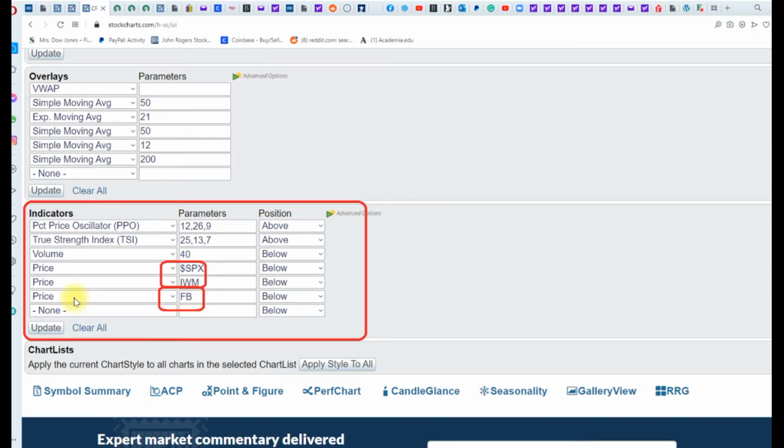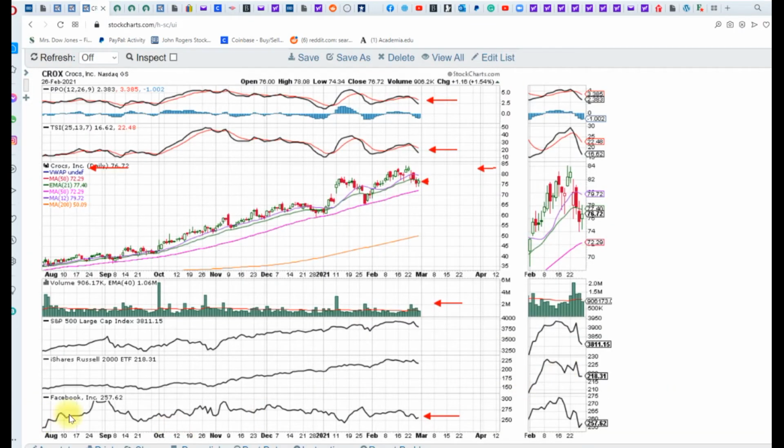So you press price on it, and whatever is coming here, you erase it and you put FB, Facebook, and now we can track how Facebook is tracking. There it is, right down here, how Facebook is tracking this stock, how you can compare against it. You know, we know that the S&P 500 is going up. We can tell that. So this chart is obviously following this S&P 500.